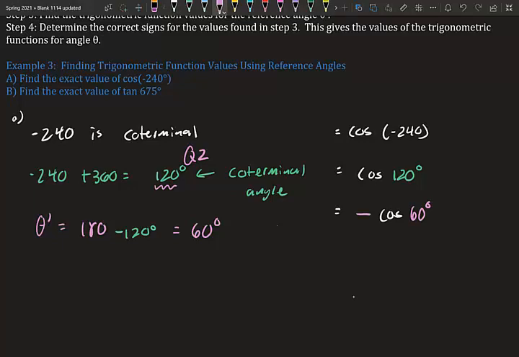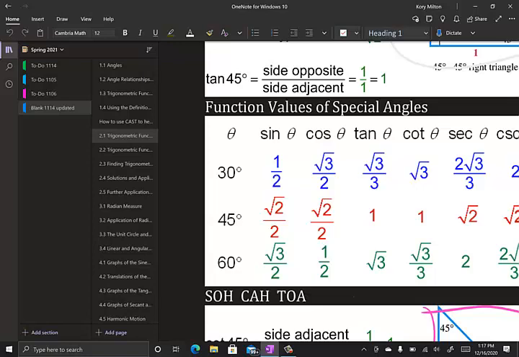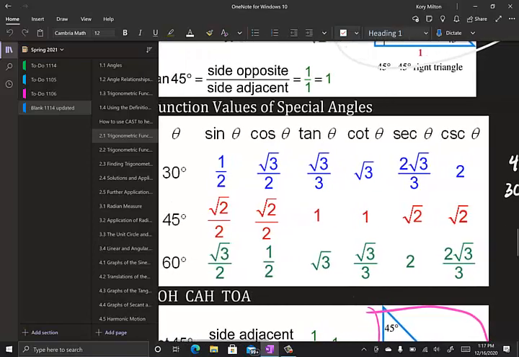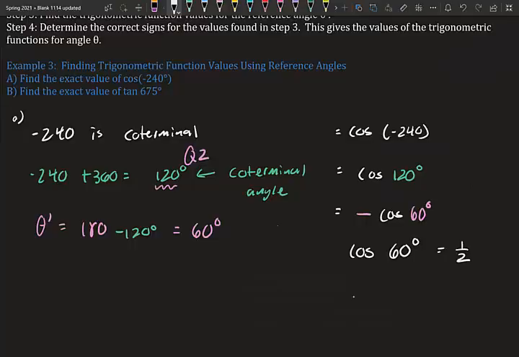So using that little chart from 2.1, that colorful chart, cosine 60 is 1/2. But we're in quadrant 2, aren't we? We're working in quadrant 2, so we have to remember, is it going to be positive? Is it going to be negative? In quadrant 2, remember CAST?